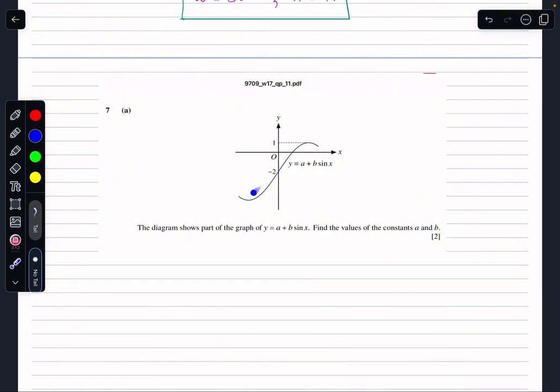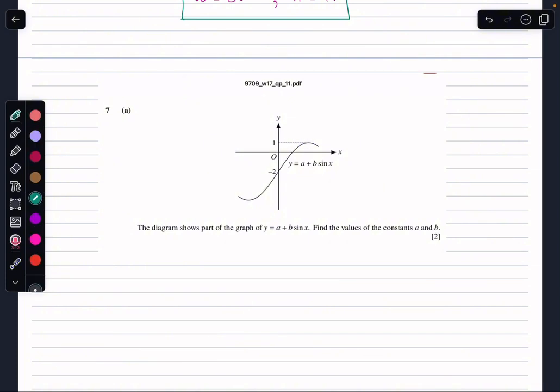What is given in the graph is the y-intercept here, meaning when the angle is 0, the y value is negative 2, and we have a maximum value on the graph, which is 1.